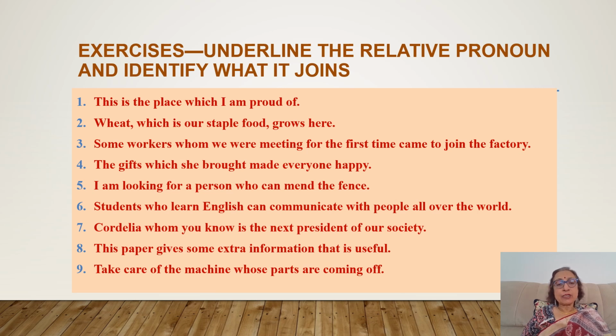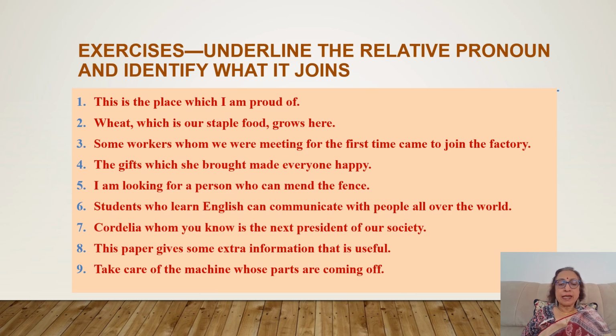This is the place which I'm proud of. That is the first sentence. Wheat, which is our staple food, grows here. Some workers whom we were meeting for the first time came to join the factory. The gifts which she brought made everyone happy. I'm looking for a person who can mend the fence.